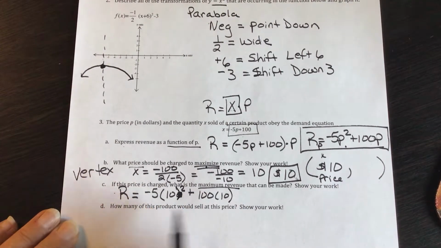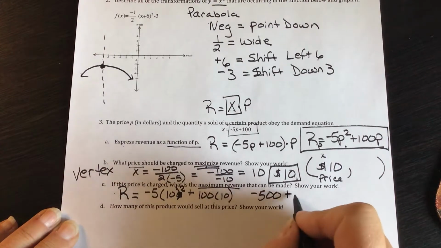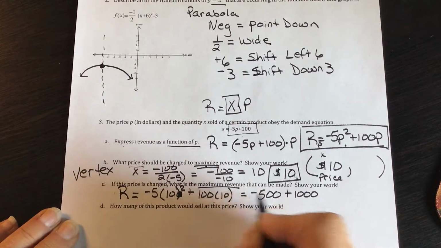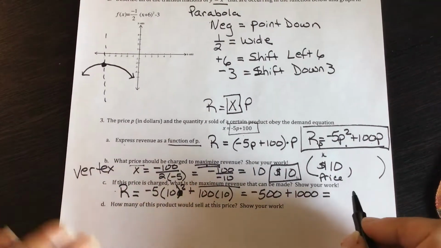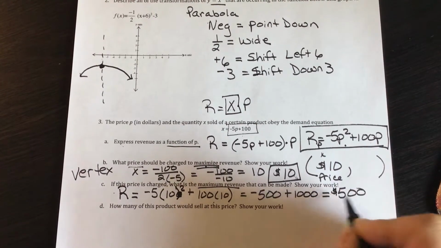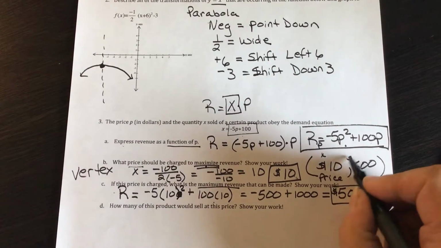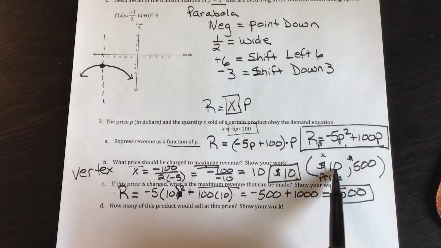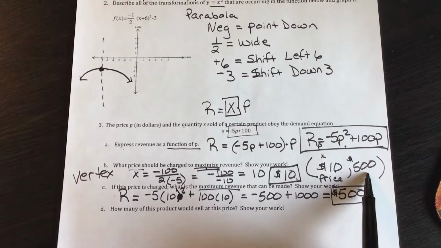So this is -500 plus 1,000, and this would give me a maximum revenue of $500. Okay, so that actually would complete my vertex. So this is the maximum price that gives me the maximum revenue.